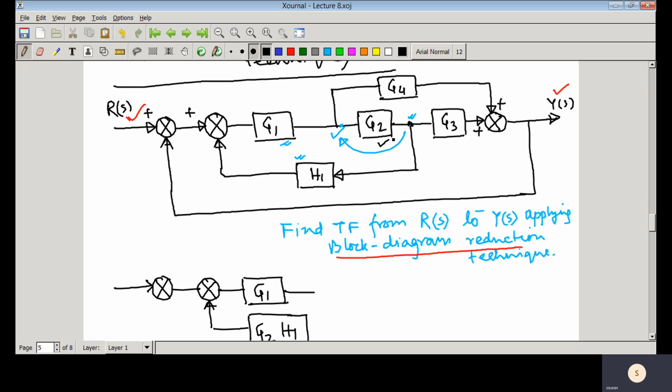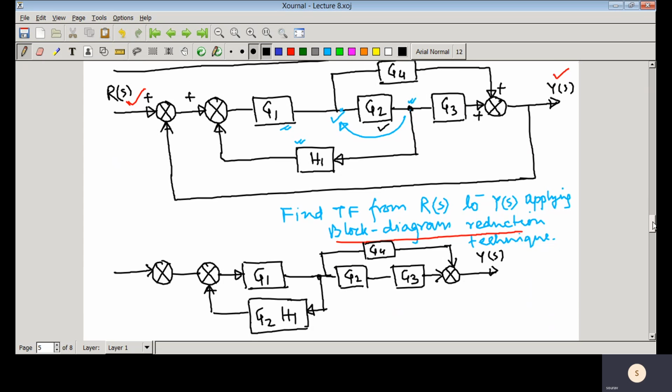Here you have that G2, then G2 into H1, and the tapping point is now here. And then you have G2 as it is. Then you have that G3, and you have G4. You have that another comparator. So the rest of the part remains same.